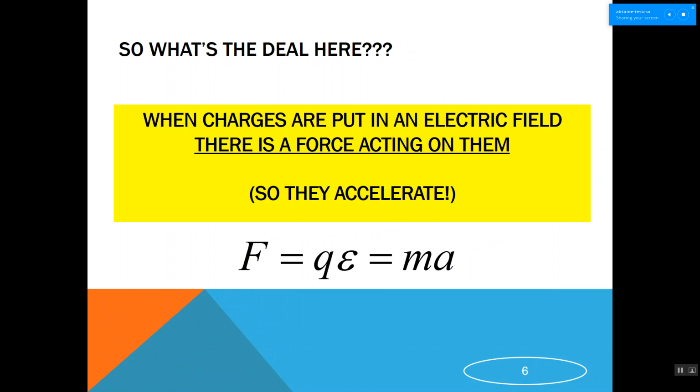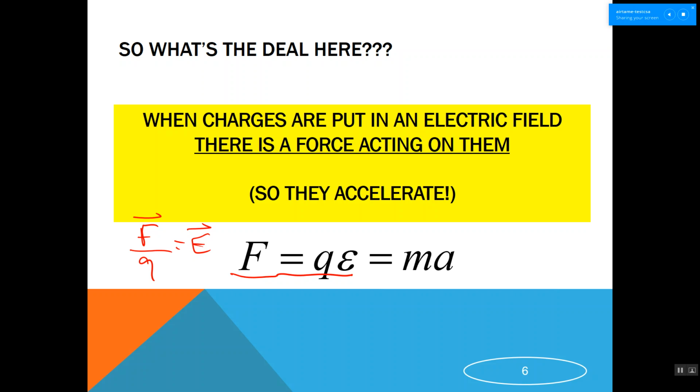And that force is Q times the electric field, right? We learned that before. Remember, we saw it this way: F over Q is equal to E. Do you guys remember this? F over Q is equal to E. That was like 2 classes ago, maybe, or maybe it was last class.